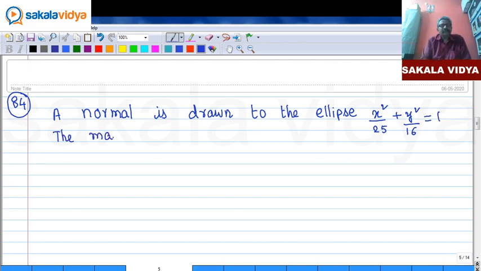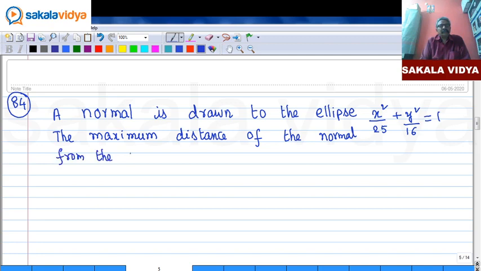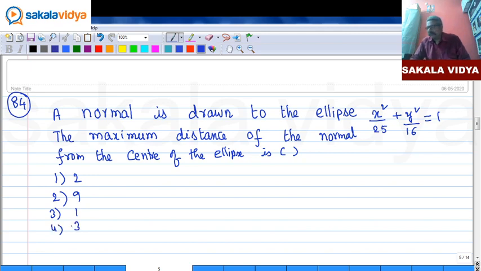The maximum distance of the normal from the center of the ellipse is: first option 2, second option 9, third option 1, fourth option 3. So this is the question.